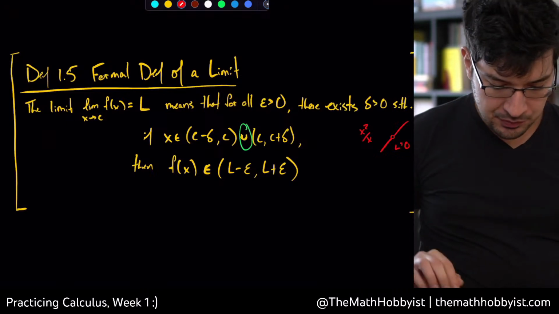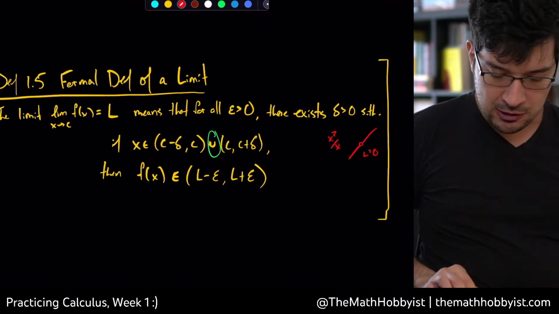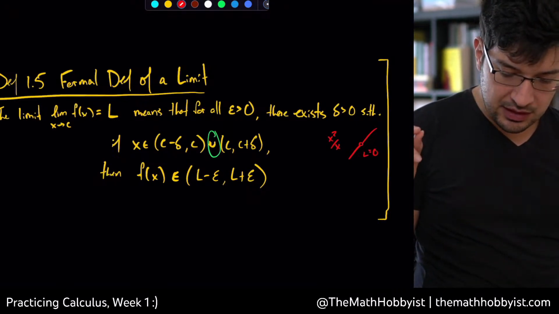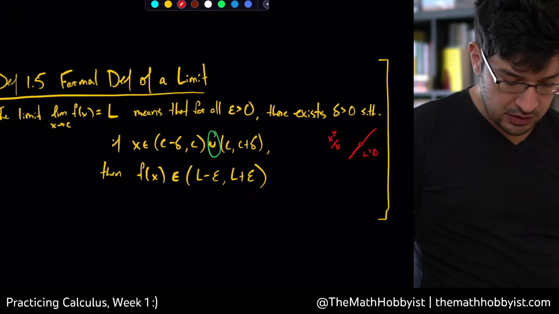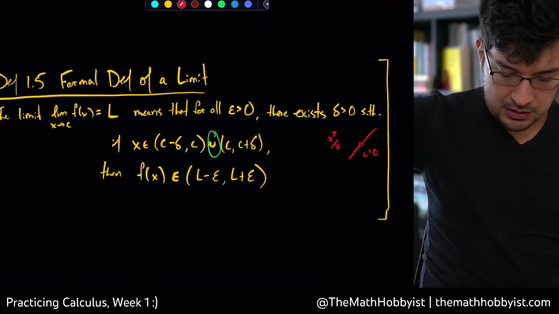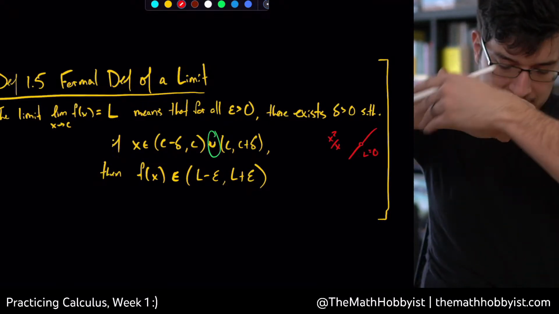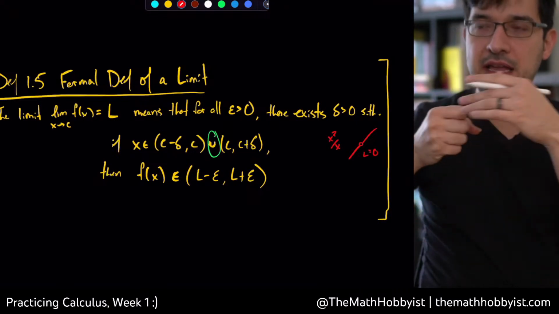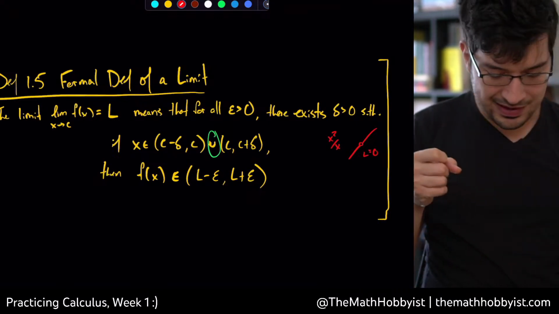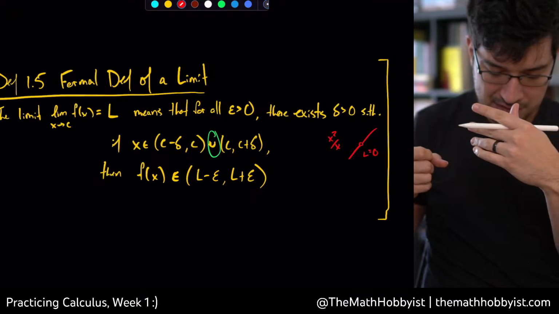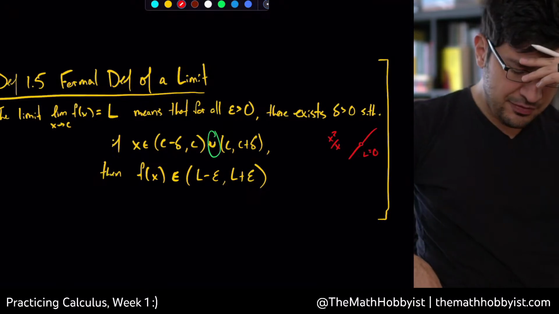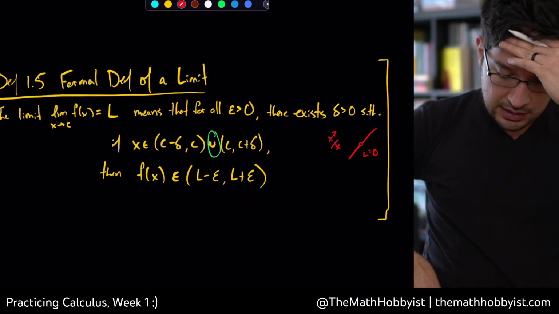All right, let's keep going. So the limit is L means that for all epsilon greater than 0, for any tiny number, there exists another number delta such that if x is within the neighborhood, if there's a left neighbor or a right neighbor nearby, for all of the left neighbors and right neighbors, then f of x, the value, is close.